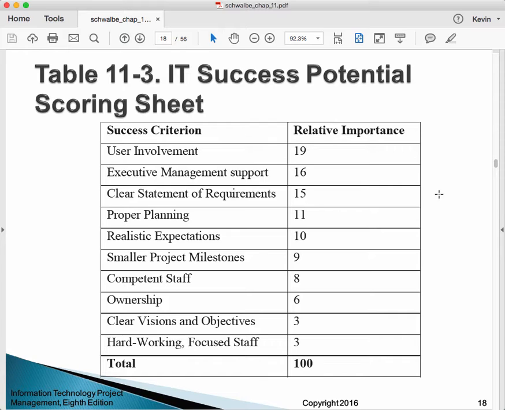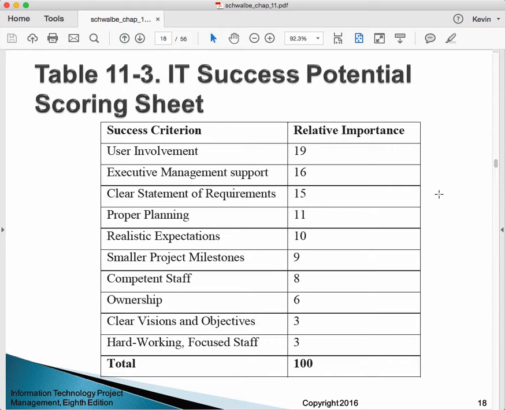Okay, so we're looking at success criteria. These are things that must go well. What's the risk that they don't go well? So the top one, user involvement, then executive management support, clear statement of requirements, proper planning, realistic expectations, etc. These are the relative importance, the weight of these, and they weight to 100%.